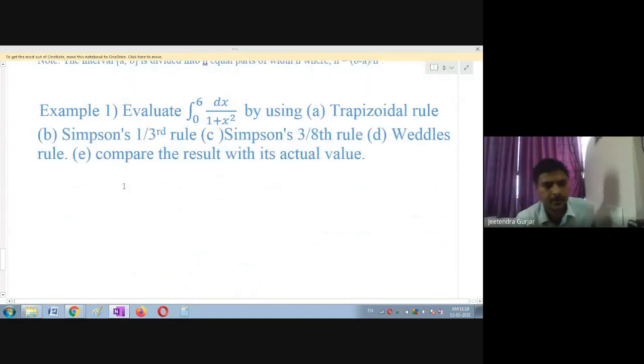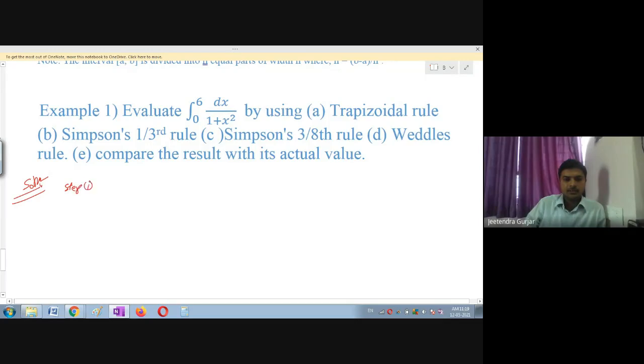In almost all the examples you are going to write the trapezoidal rule, Simpson's rule, Simpson's 3/8, Weddle's rule. So we'll simplify now, students. Very, very important. Please write it down. Solution. See here, again, step one. Please remember, I have not given the steps here, but first step, given data. First, you have to take the given data. What is given? Only the integral from 0 to 6 of 1 upon 1 plus x square dx.